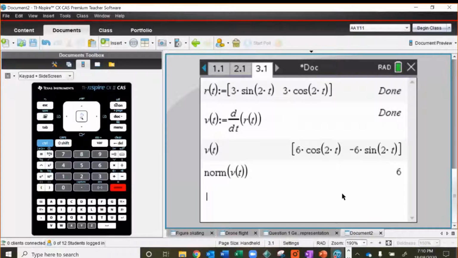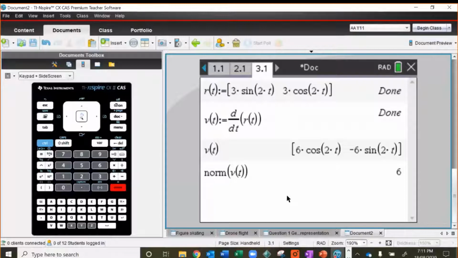The speed is constant. And as I mentioned, it is a circular motion around the circle, and the speed, some of you from physics would know, is uniform. But the velocity is not, because it changes direction. So that's part A. The speed at any time is 6.